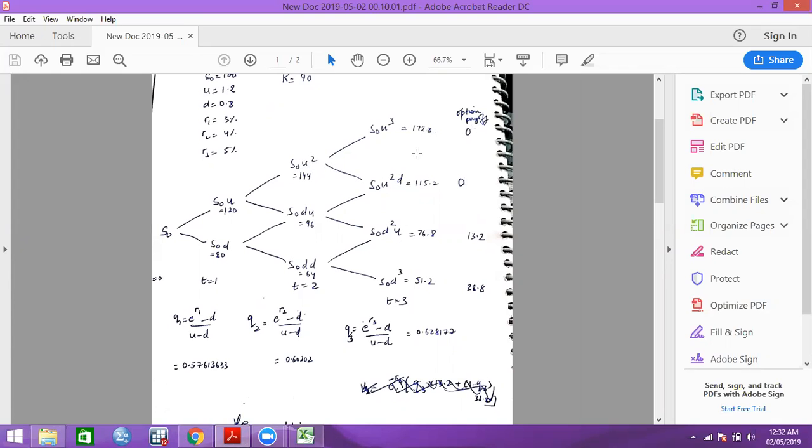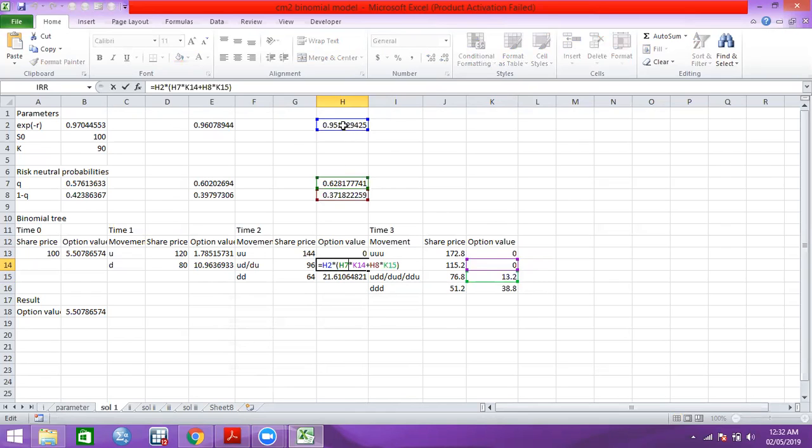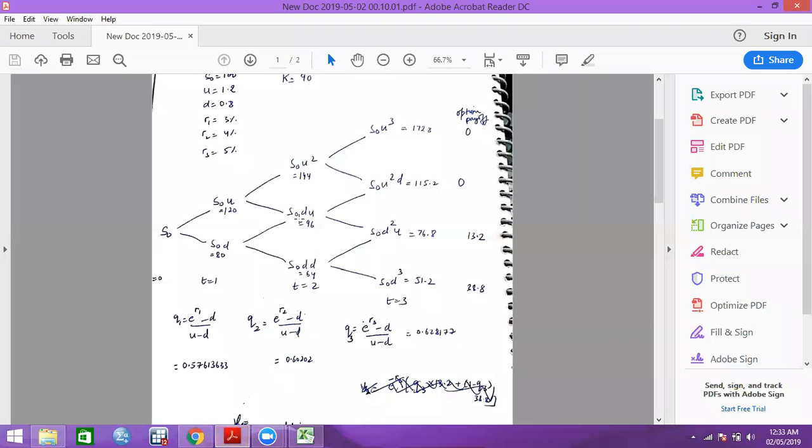For these two possibilities, there will be some value of the contract at this juncture. That value will be nothing but e to the power minus R3, which is this value, into the payoff into the risk neutral probability. When you go from this situation to this situation, the payoff is 0.